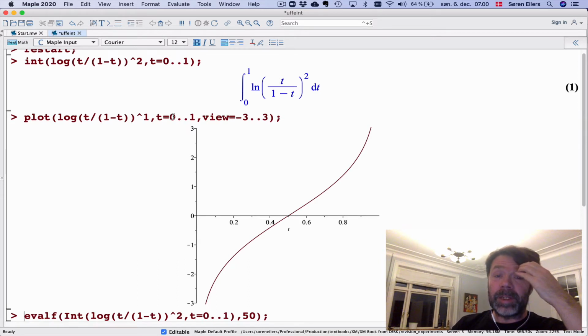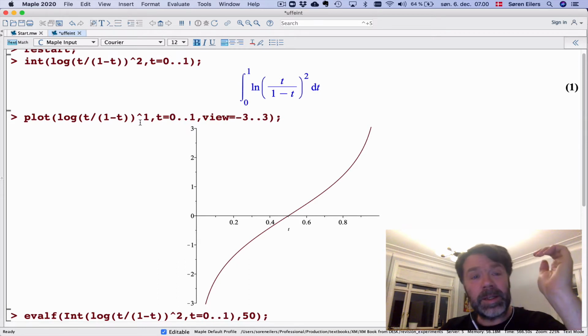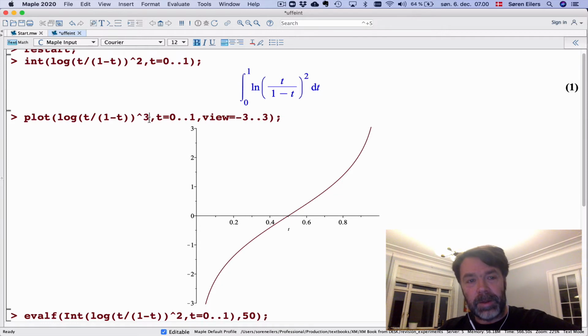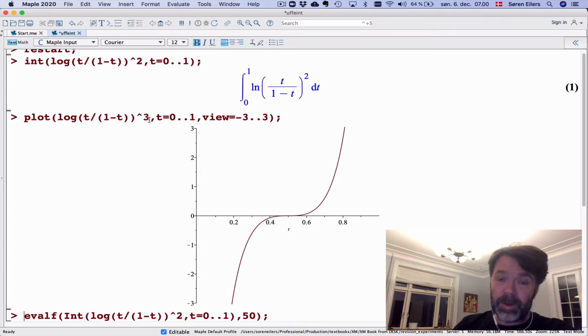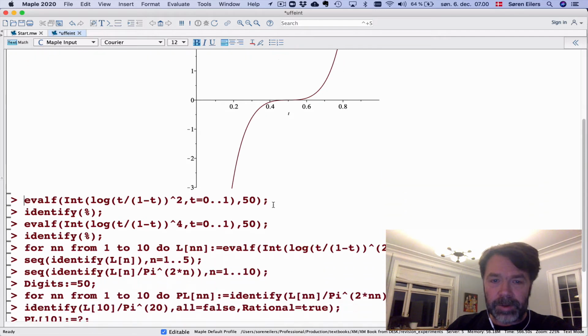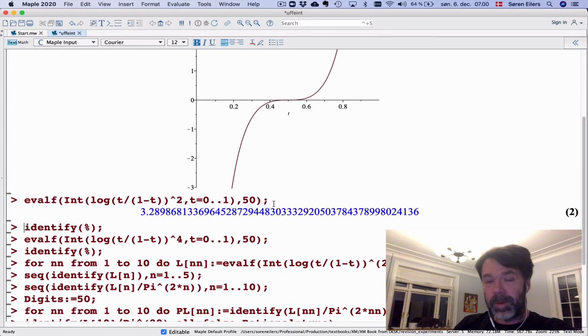So the fact that I get a 0 out is not at all surprising, and actually it's a little bit disappointing that Mabel cannot see that the integral with the third power gives a 0. In fact, all the odd powers will give a 0 because of the oddness of the function here, so that the integral to the left of a half cancels out with the integral to the right of a half. So this apparently Mabel is not able to do, but we can certainly ask Mabel for an approximation.